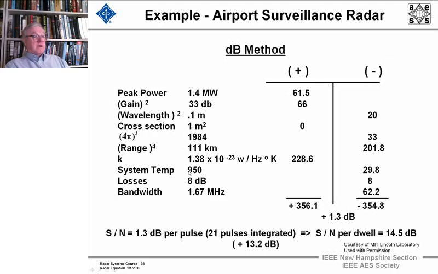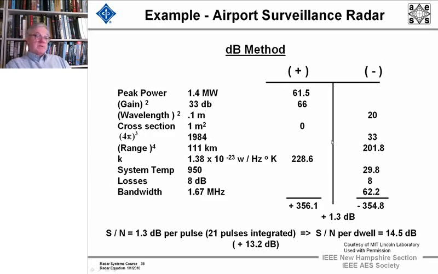And the system temperature, which is on the bottom, is 950. So that comes out to minus, because it's on the bottom of the equation, 29.8 dB. And as before, 8 dB just goes over as 8 dB. And 1.67 megahertz on the bottom goes to be 62.2, but you have to put it over in the minus sign because it's in the bottom.